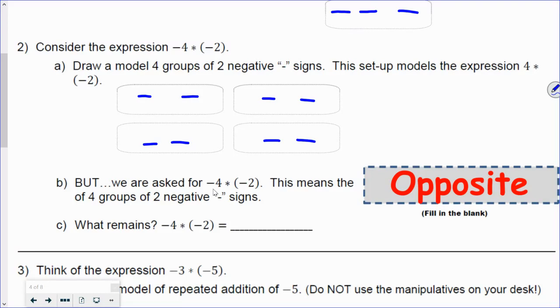A positive. I'm going to use a different color this time, and I'm going to change all these negatives into positives. Look at that. So now what do we really have? Instead of having a -8, we have a +8. If you need to, pause this and finish filling in your notes.